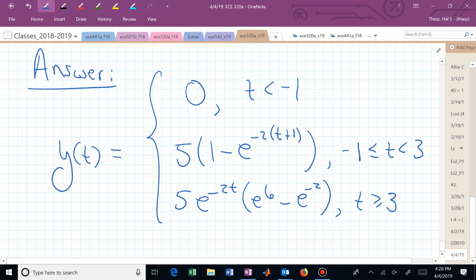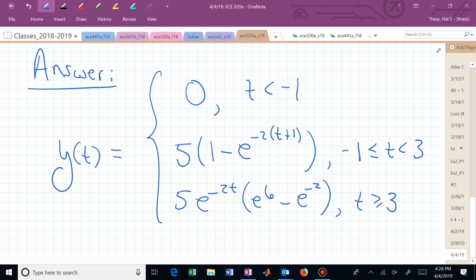So you could have said t less than or equal to minus 1, or here to kind of preserve my equalities and inequalities, I might say the first one is for t less than minus 1. And then here, if y of t is continuous, if you plug in minus 1 to this middle expression, what do you end up with?